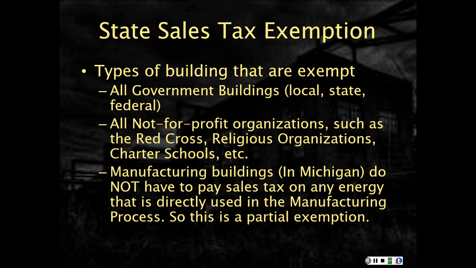Again, the types of buildings that are typically exempt from state sales tax are all government buildings, local, state, and federal, and all not-for-profit organizations, at least ones that have registered with the state, such as the Red Cross, religious organizations, in Michigan, charter schools, etc. And then buildings that have a partial exemption would be manufacturing buildings, classified as industrial.